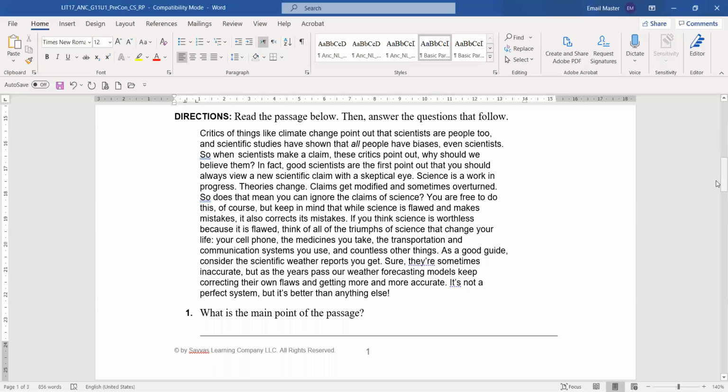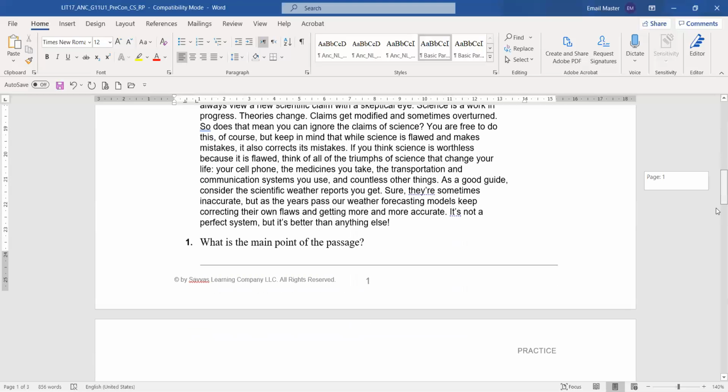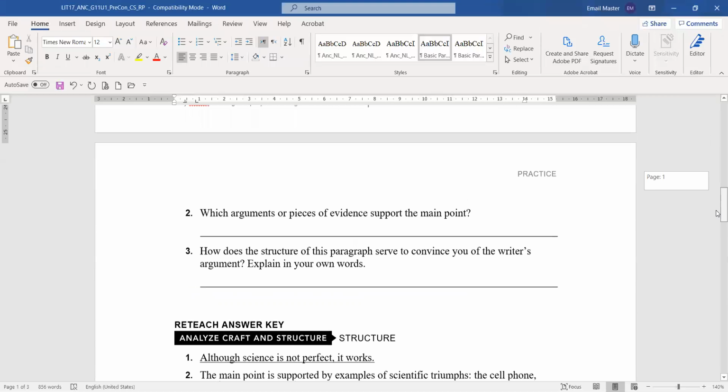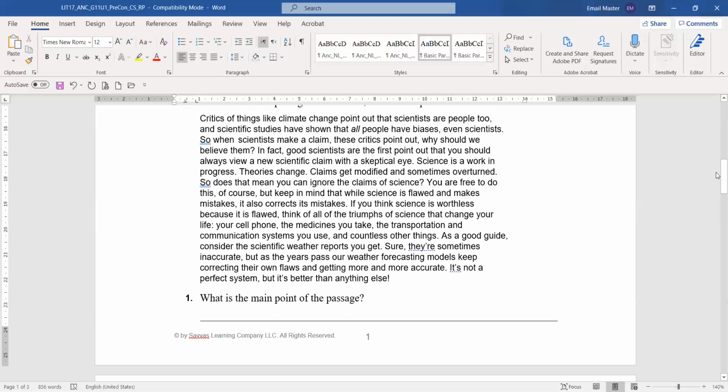So it's about scientists. Here, what is the main point of the passage? So when we look at this, the main point will be, although science is not perfect, it works. So which arguments or pieces of evidence support the main point? So you have to find evidence from the text.